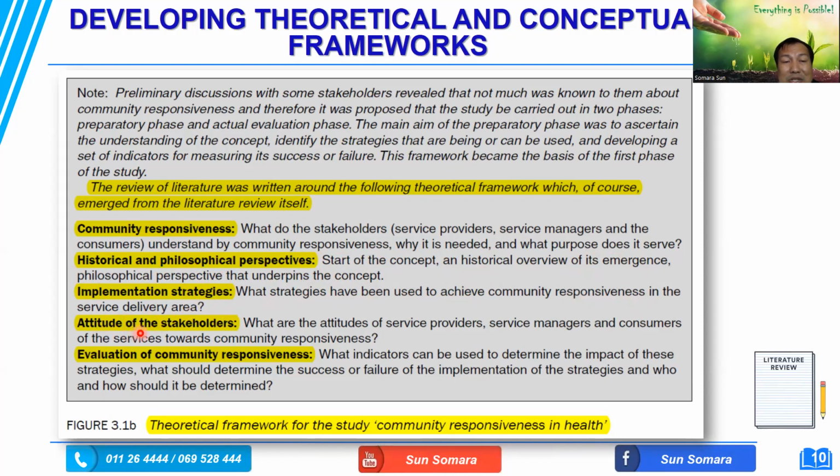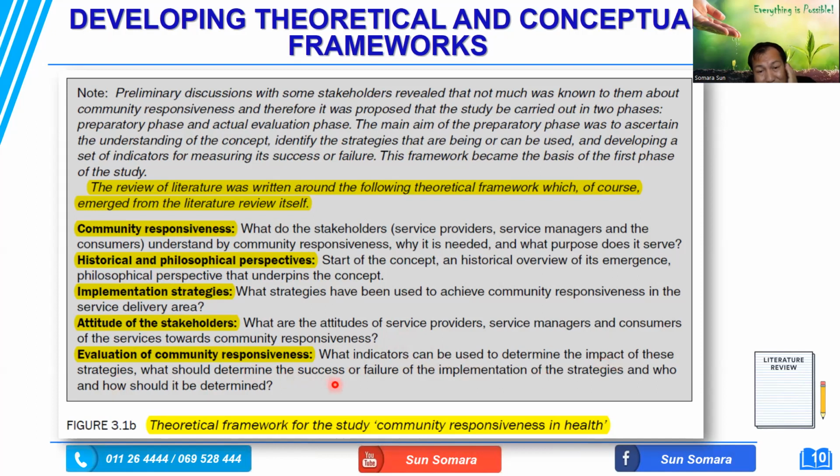And attitude of the stakeholders. What are the attitudes of service provider, service manager, consumer, and other services toward community responsiveness? So it's something that you need to observe regarding their attitude in here. Evaluation of community responsiveness: what indicators can be used to determine the impact of this strategy?